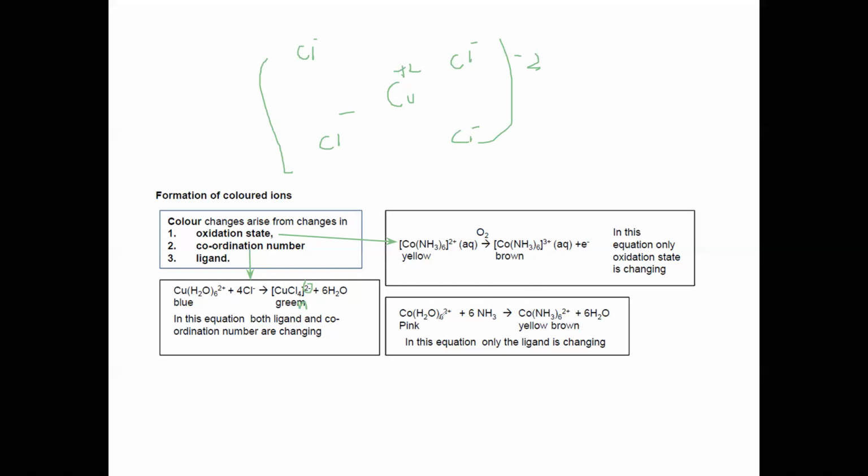And in the same way, cobalt, which is pink in color, when we replace the ligands with the same number of ligands, will turn yellow or brown.